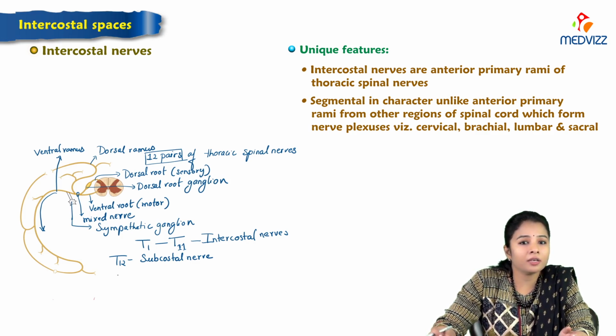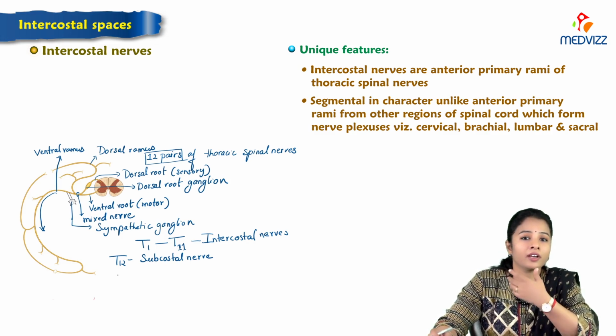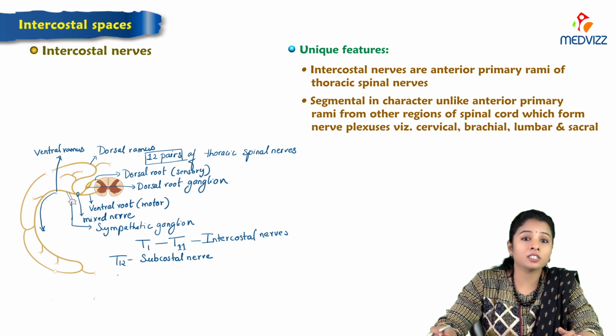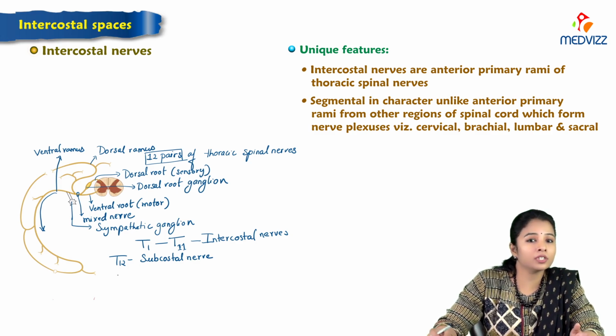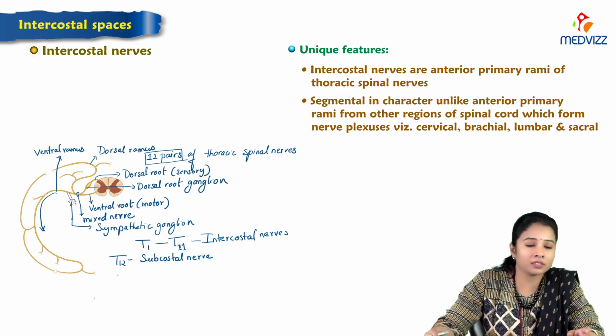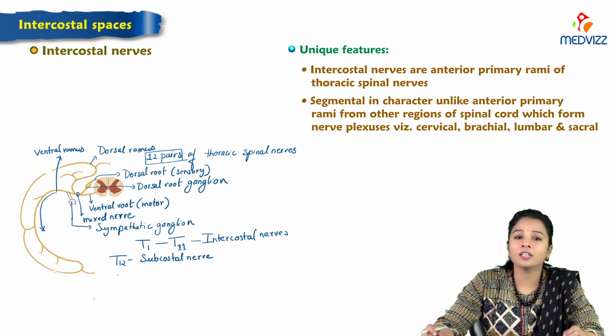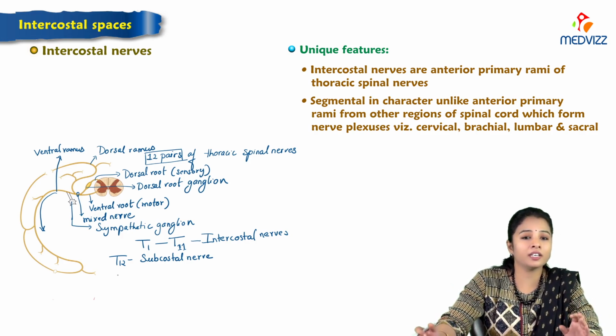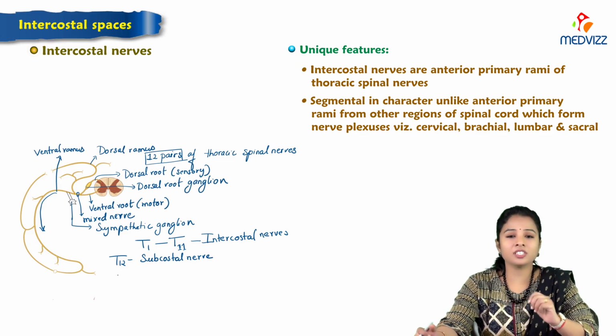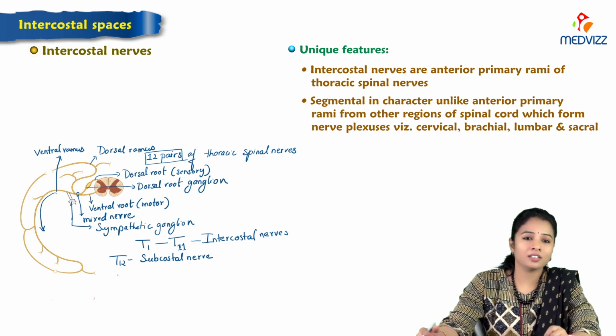Unlike the anterior primary rami of other regions of the spinal cord, which form nerve plexuses, like the cervical and brachial plexus in the cervical region, and the lumbosacral plexus in the lumbar and sacral regions, before supplying a particular target organ, in the thorax they don't form a plexus. Directly they go and supply in a segmental innervation. That is the unique feature of these thoracic nerves.